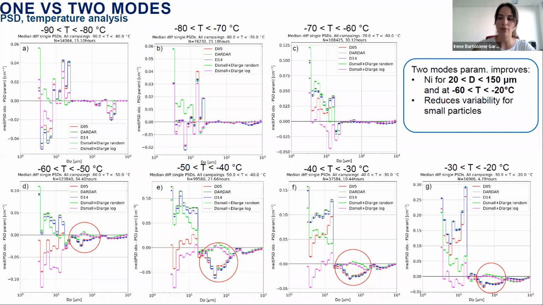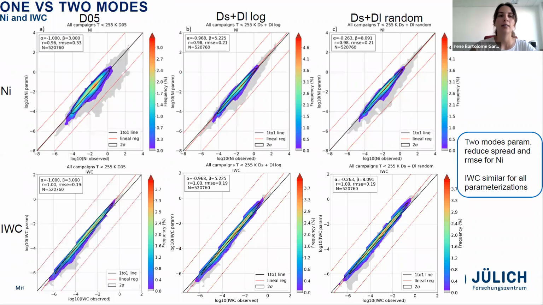If we now have a look at the retrieval of the number concentration and also the ice water content, what we have here are correlation plots. For all plots, the vertical axis corresponds to the parametrized and the x-axis to the observed. If we focus first on the upper row, this is number concentration.